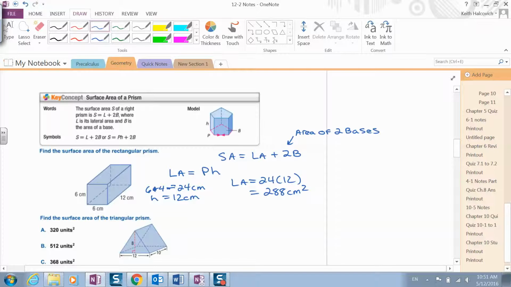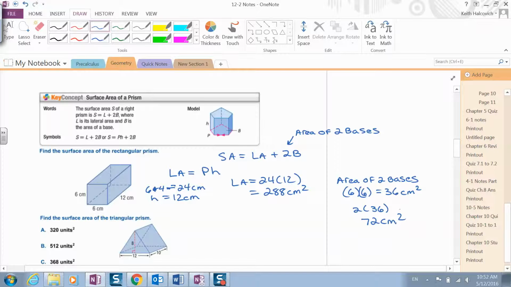That's the lateral area. The area of the two bases, well, these are a square, so you have 6 and 6, which is 36 square centimeters, but there's two of them, so times 2 gives you 72 square centimeters.